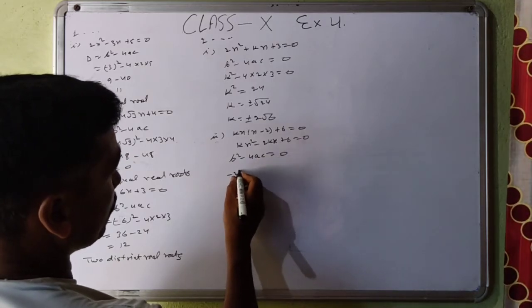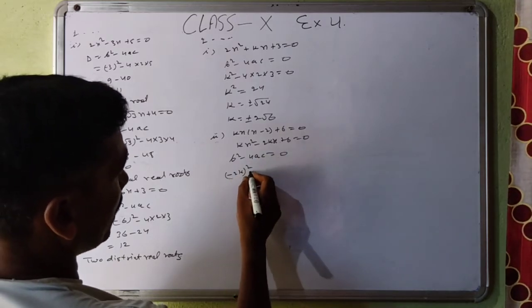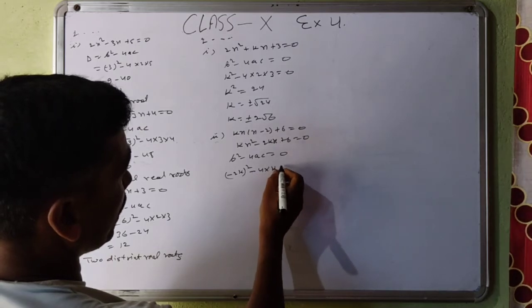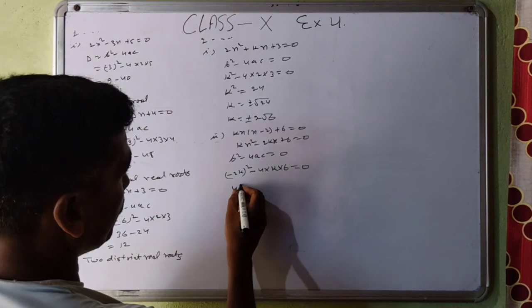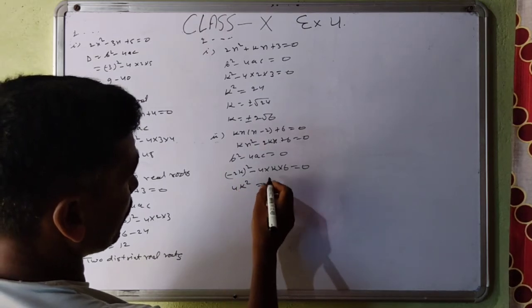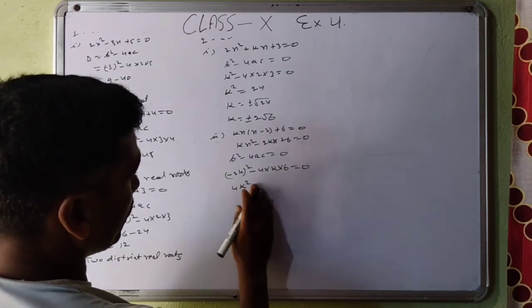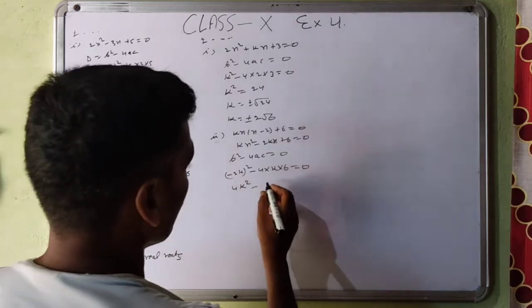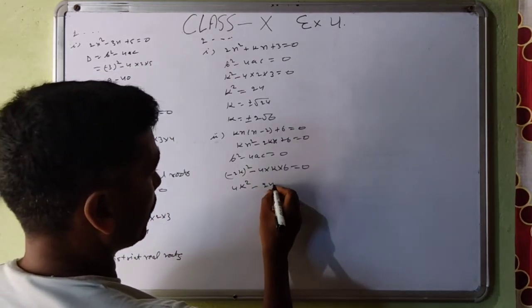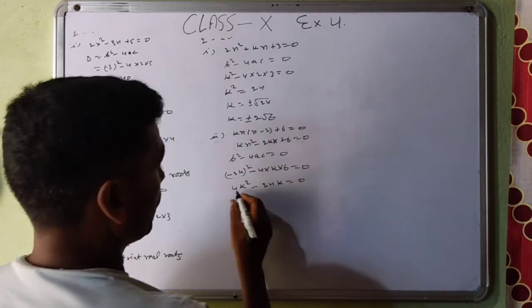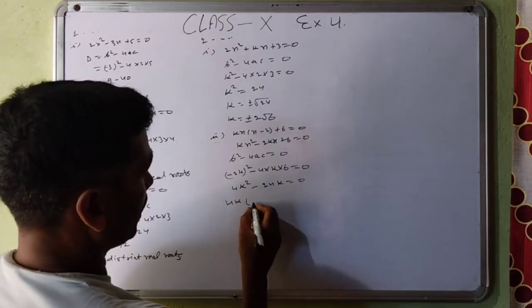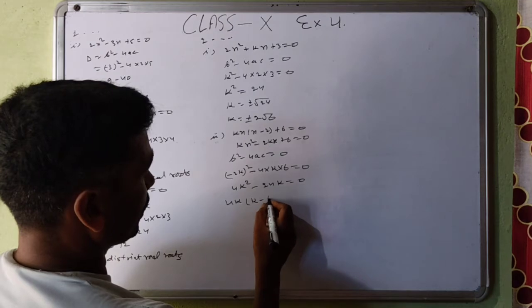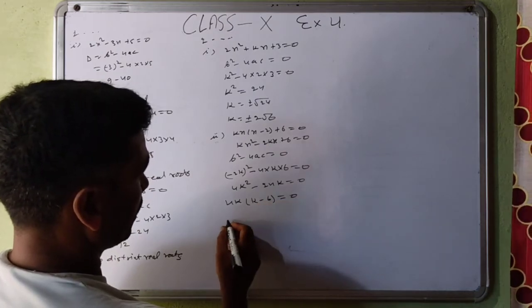So (minus 2k) whole square minus 4 into k into 6 is equal to 0. So 4k square minus 4 sixes are 24k is equal to 0.